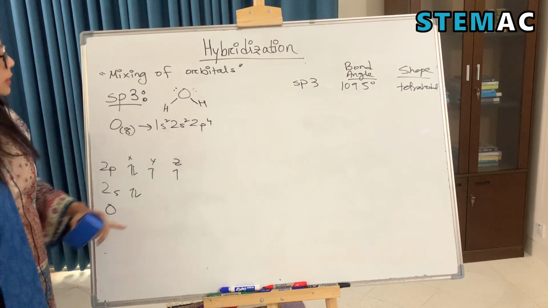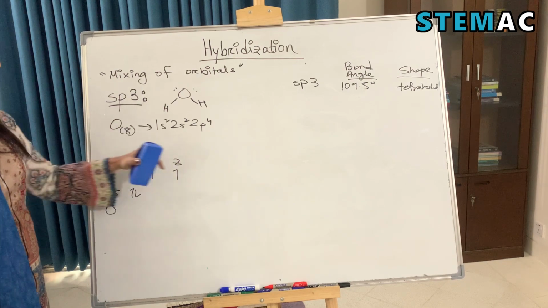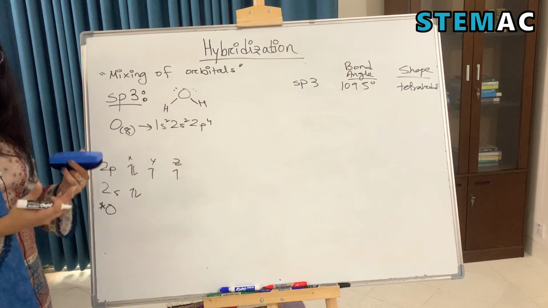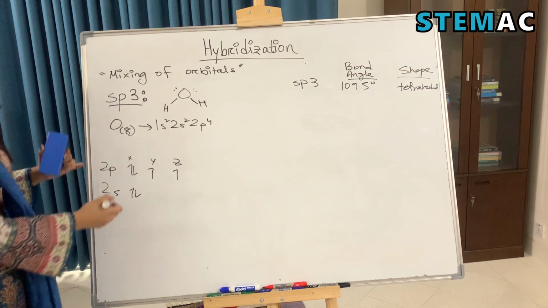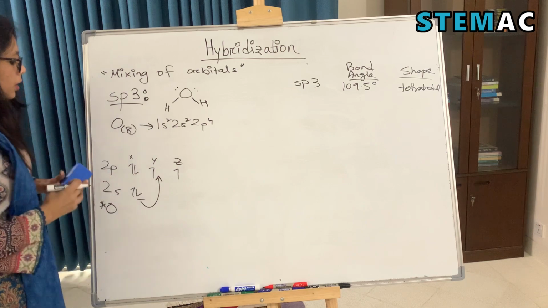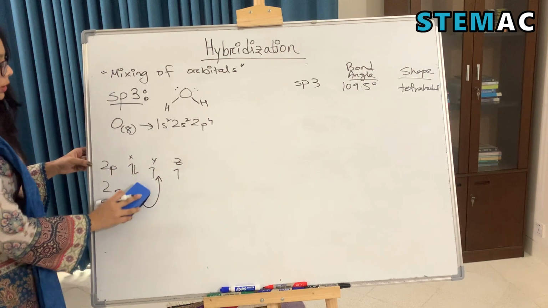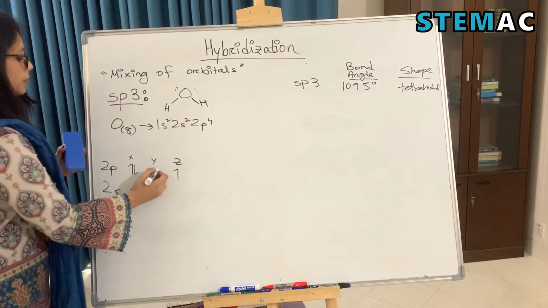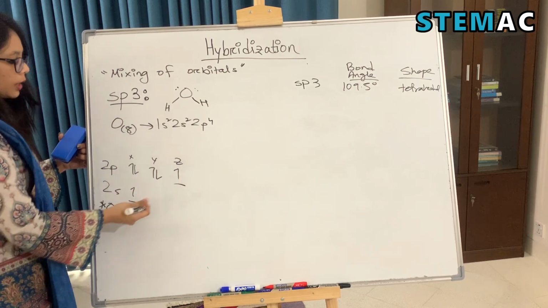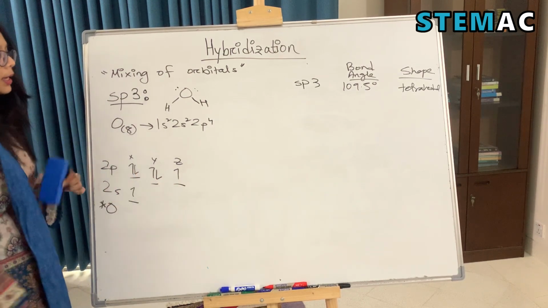So in case of water, we see that oxygen has 6 electrons in its outermost shell, and this is how they are distributed. But as soon as the oxygen wants to form a bond, or when the oxygen is excited, then the electron from the 2s orbital jumps up to the 2py orbital, and that's how it looks. So now oxygen has 2 electrons which can form bonds and 2 lone pair electrons.